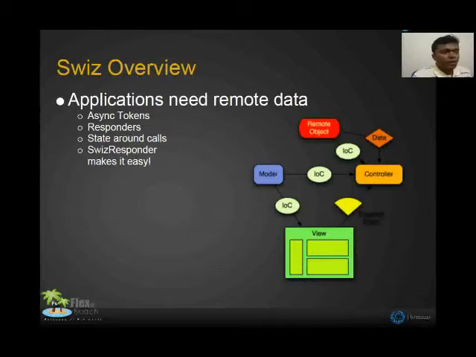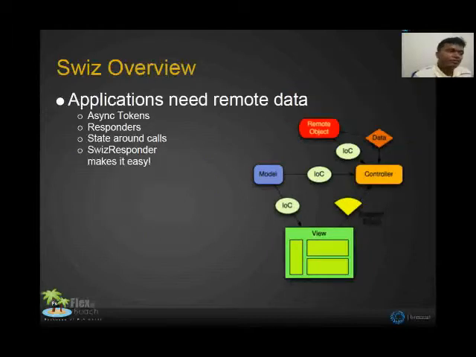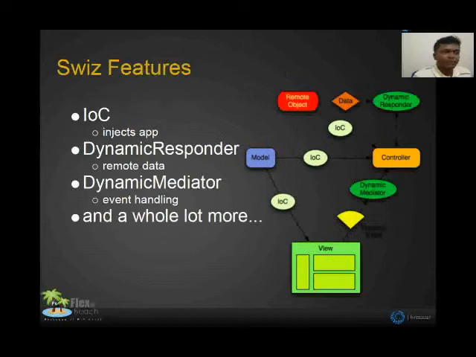It was actually the dynamic responder previously, and it was changed to Swiz responder from Swiz 1.0. We will get into detail on all three things. One is IOC, which injects the applications; the dynamic responder, which helps you work better with remote services; and the dynamic mediator, which helps you handle events easily by mediating them, and a lot more.